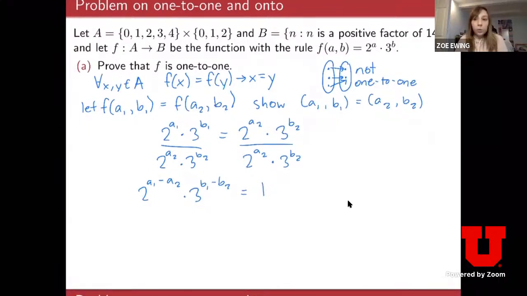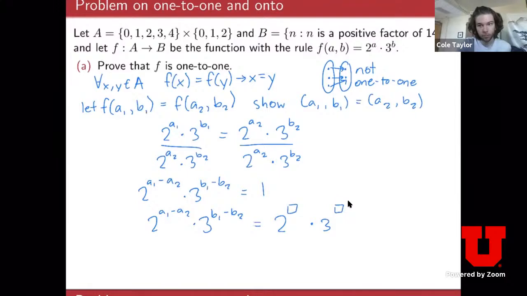All right, now there's a way that we can expand this right-hand side so that we can get what we want. Does anyone want to take a guess at what we can manipulate the right-hand side to be? It's something about the powers of 2 and 3. So we can set it to 2 to the 0 times 3 to the 0.